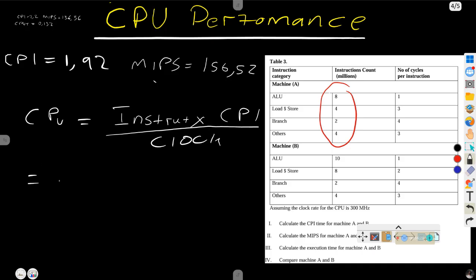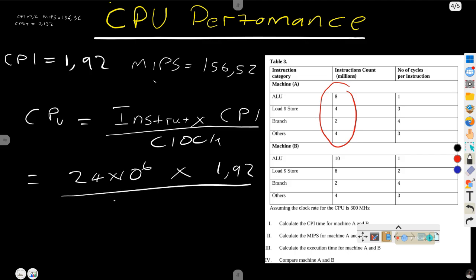Your instruction is 24 times 10 to the power 6, millions again, times CPI 1.92 over your clock rate 300 times 10 to the power 6.